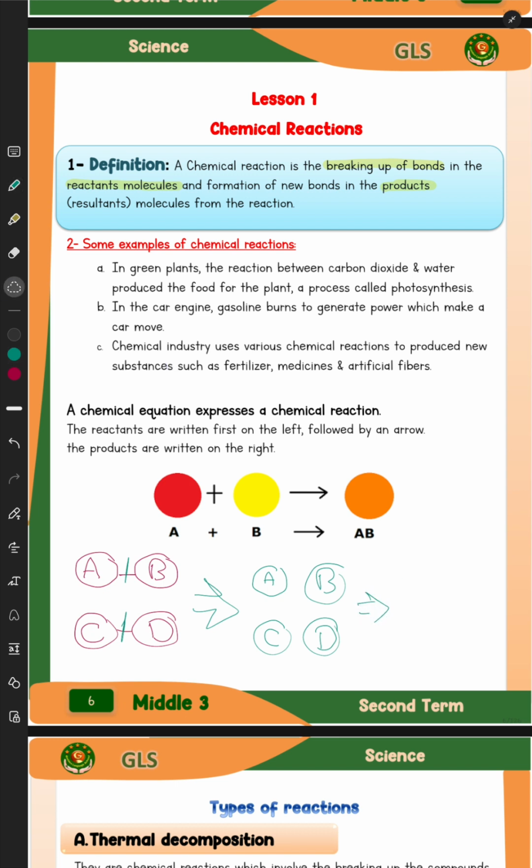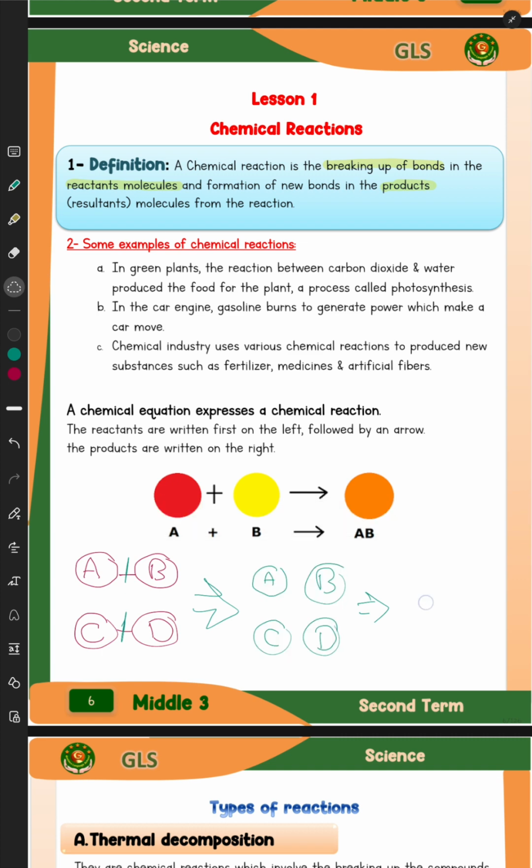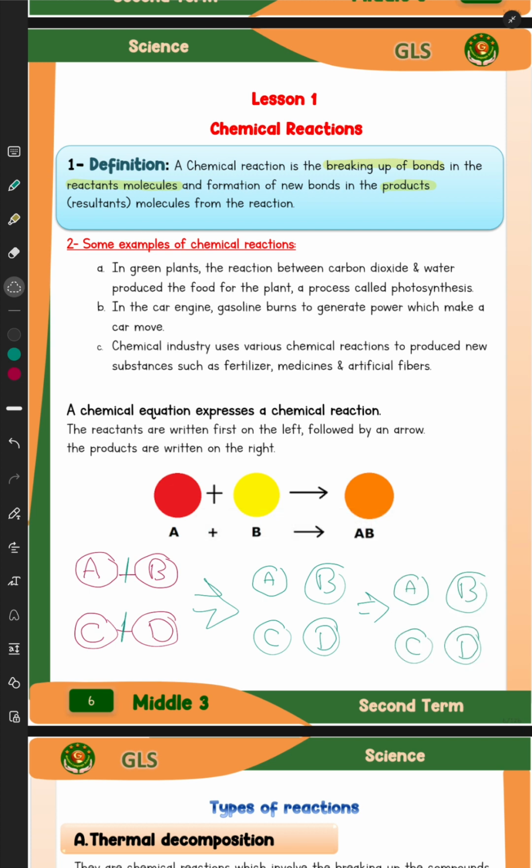The second part here, we will make some bonds between the new elements we have. We will form new bonds. The A will make a bond to C, and B will make a bond to D. So the result will be AC compound and BD compound, a new chemical compound at all.